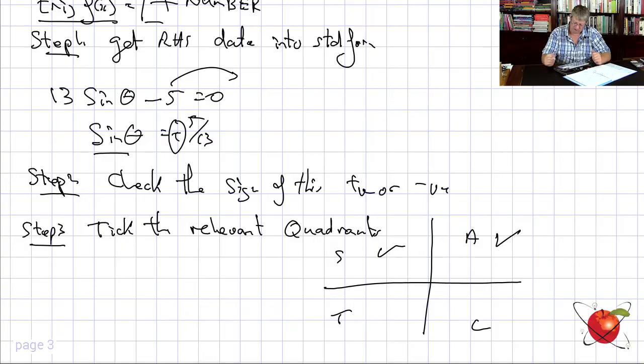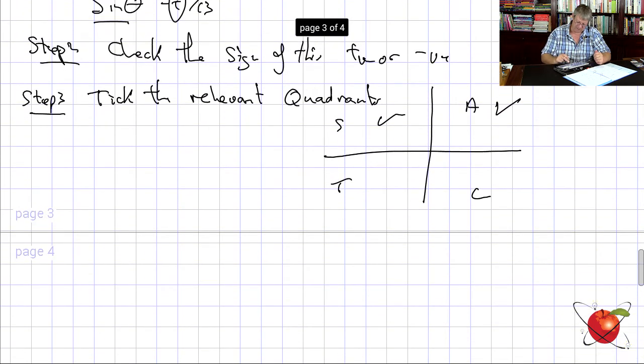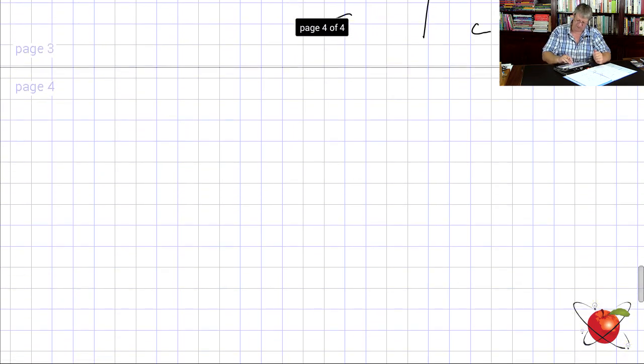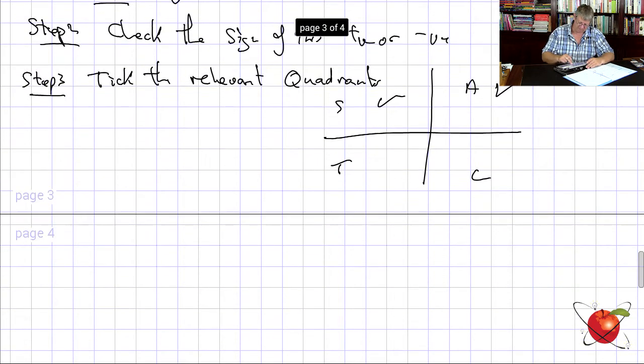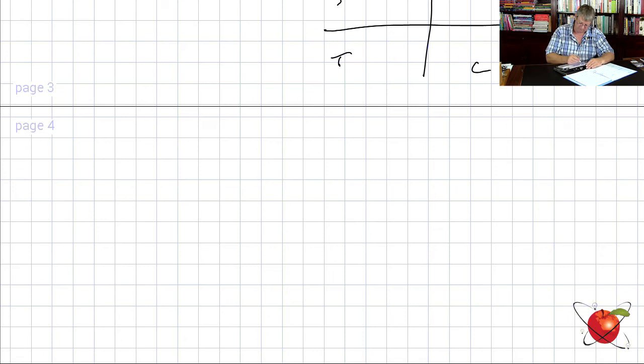We've now got that situation. Let me get a new page. So tick the relevant quadrants, that was step 3. Step 4.